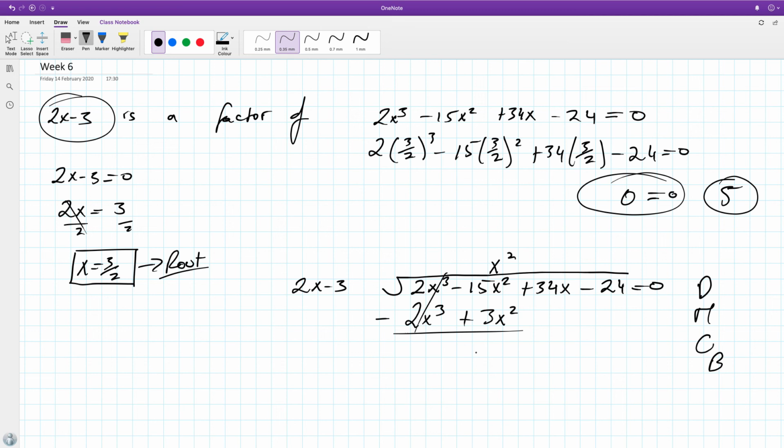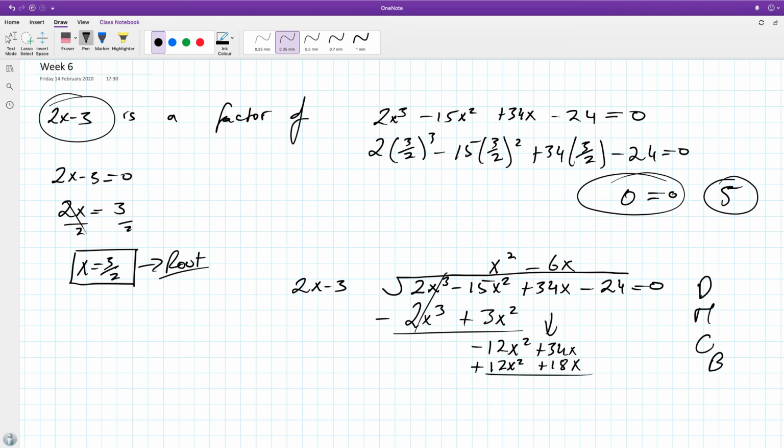They knock. That is minus 12x squared. Bring down plus 34x. 2x into minus 12x squared goes minus 6x times. Minus 6x by 2x is minus 12x squared, minus 6x by minus 3 is plus 18x.